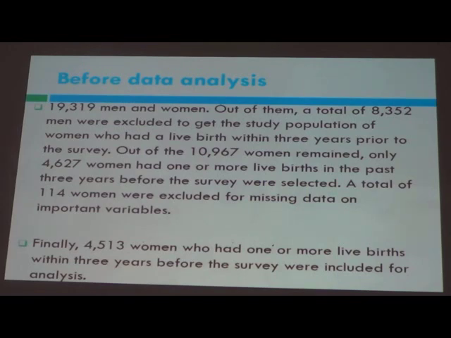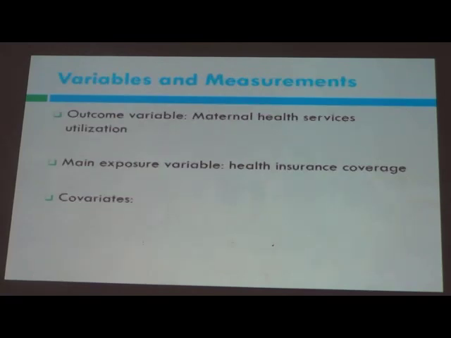And of course, we looked at those with complete information. At the end, we had 4,500 women. Our outcome of interest was maternal health service utilization, and the main exposure was health insurance coverage, of course, with a number of covariates included in the model.